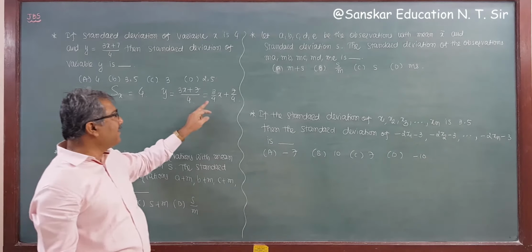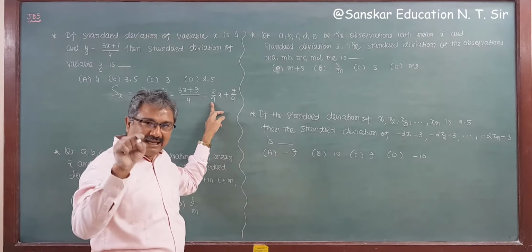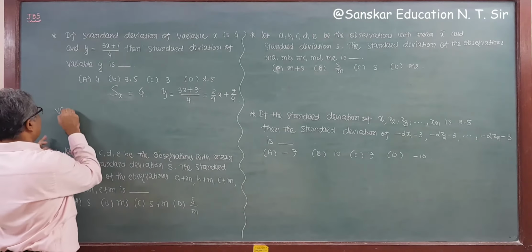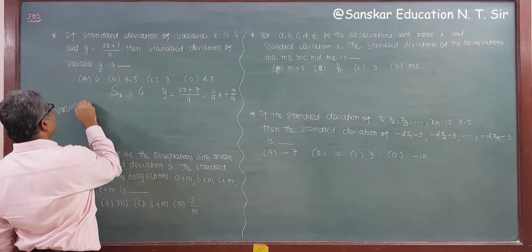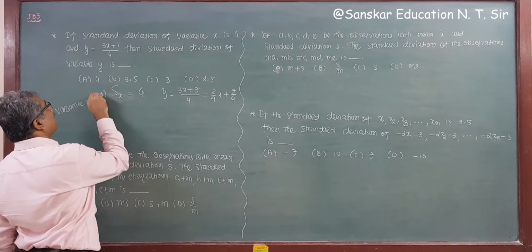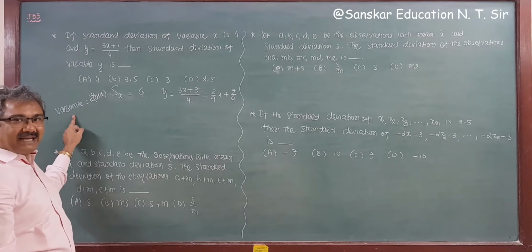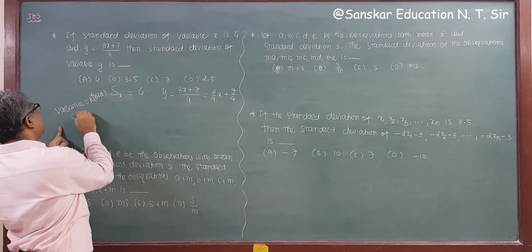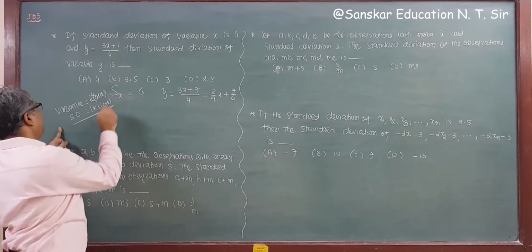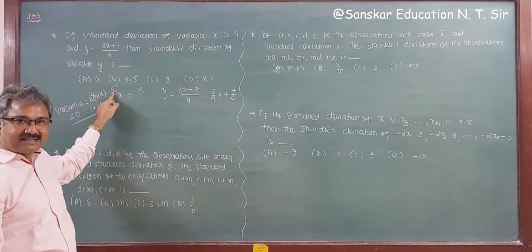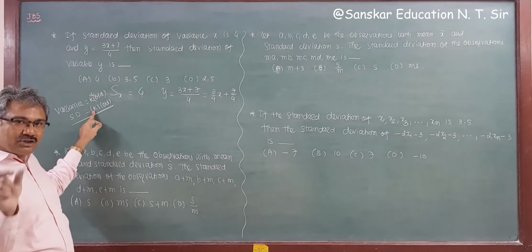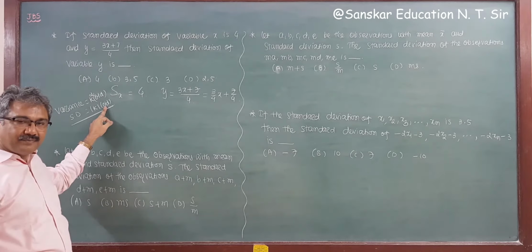So if we multiply by k, then the variance will be k square times the old one, and the standard deviation is modulus of k times the old standard deviation, right?